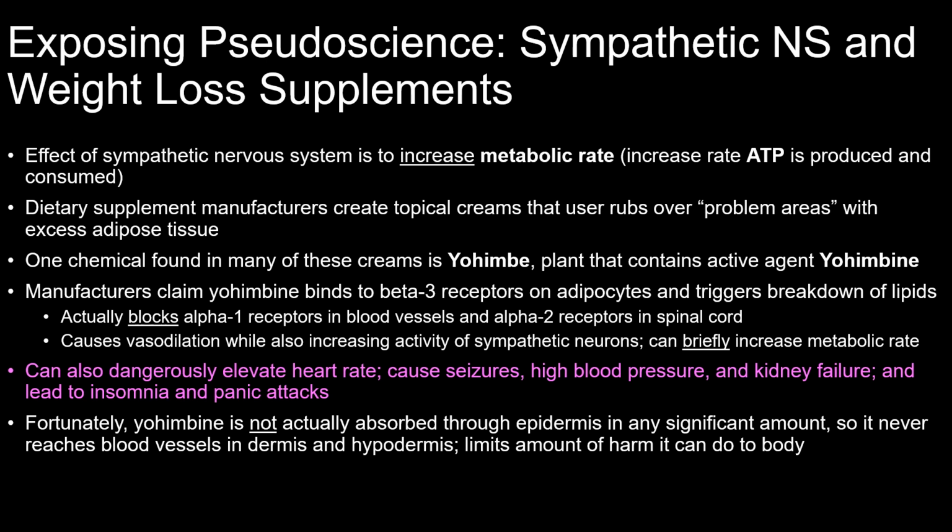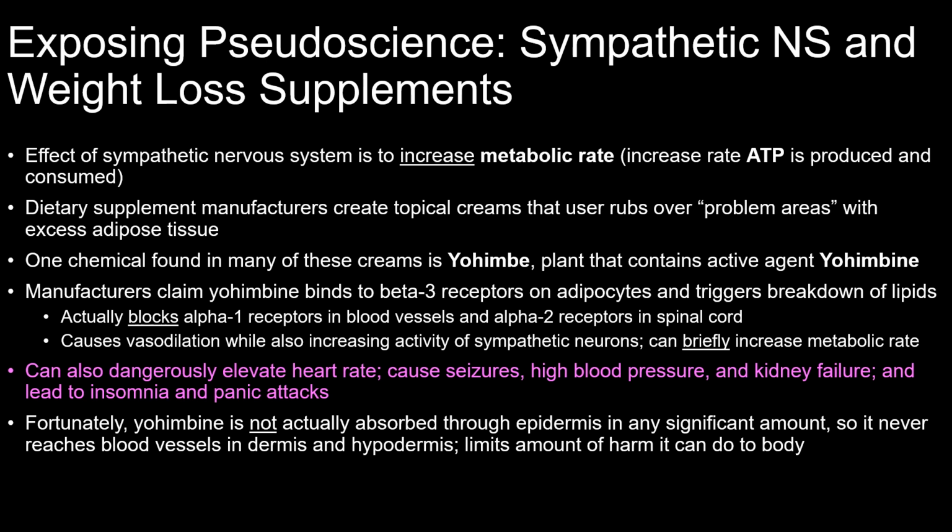And these products are generally sold as topical creams that the user will, quote, rub over problem areas with excessive adipose tissue. And it turns out that in many of these creams there is a chemical called yohimbine, and this is the active ingredient derived from a plant called the yohimbe plant. And manufacturers claim that yohimbine binds to beta-3 receptors on adipocytes and triggers the breakdown of lipids.